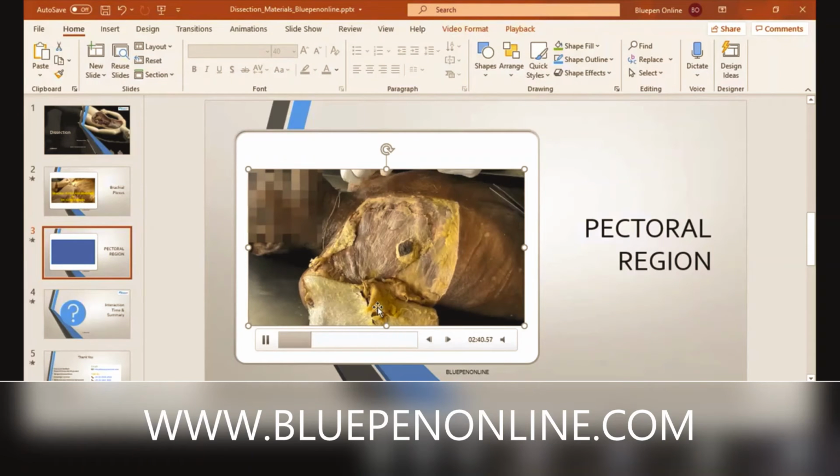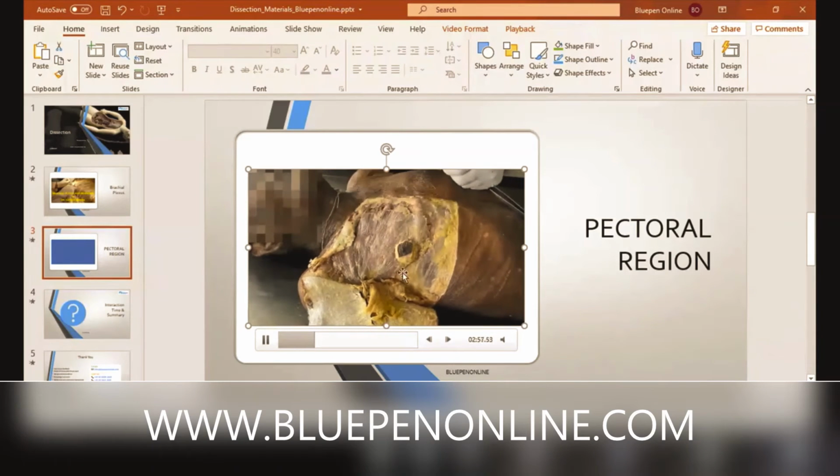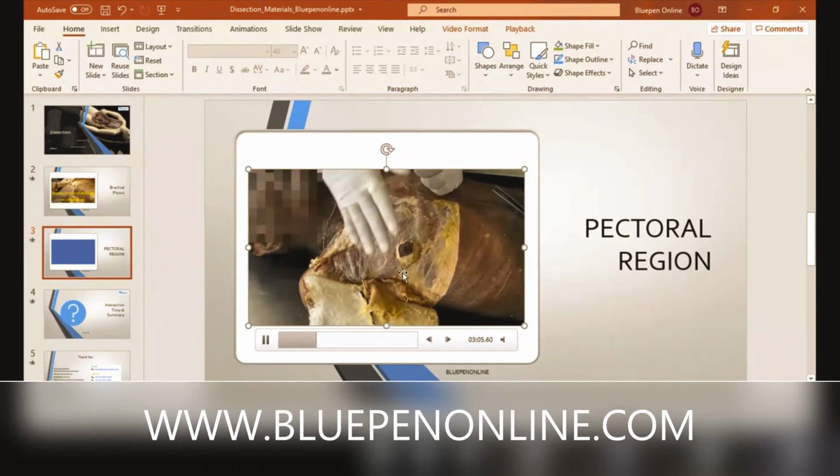After removing the deep fascia, what will be there? What is this? Pectoralis major, which is a triangular muscle, and this muscle has an upper border and a lower border. After reflecting the pectoralis major, you will see the pectoralis minor.